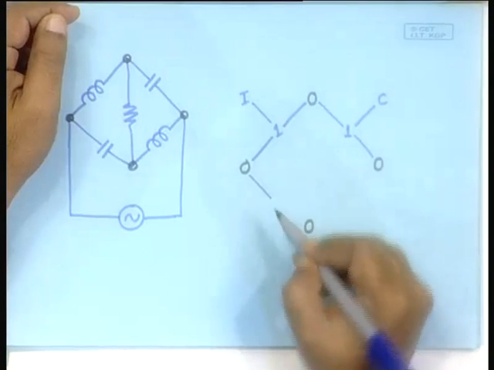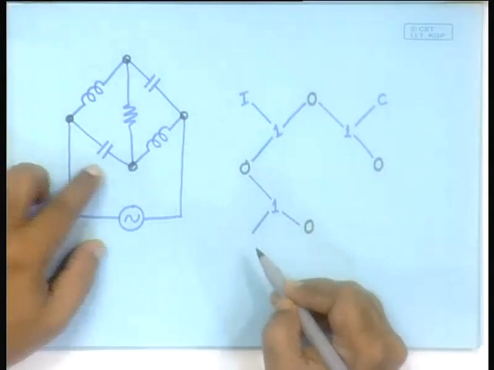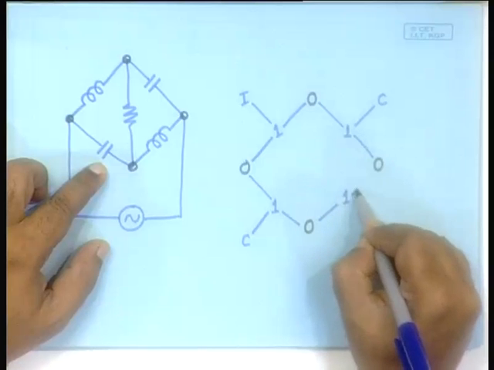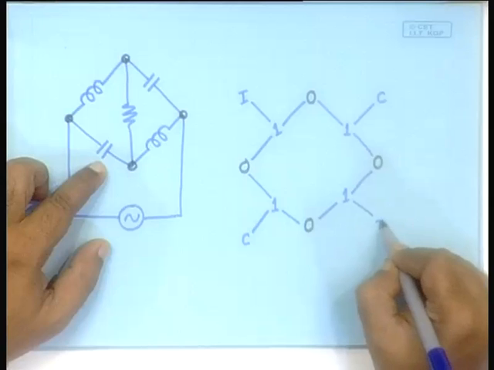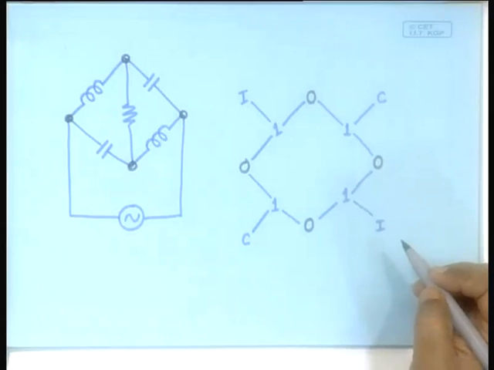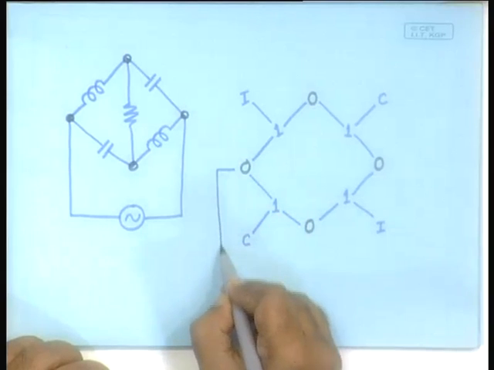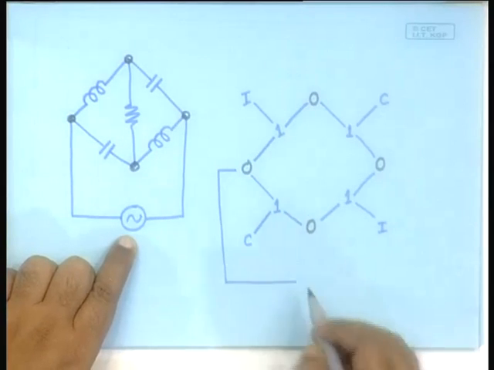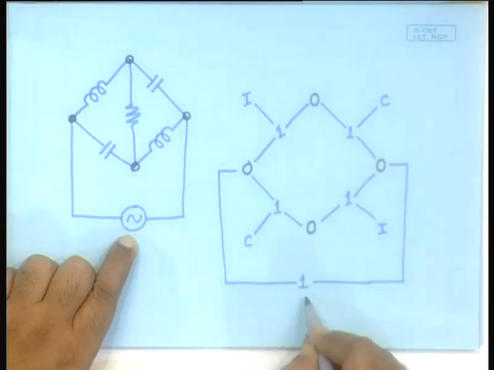Similarly, here it will be a one junction connected here, and here it will be a C element, here it will be another one junction, and you have an I element here. Apart from this, there is this thing, so we will have to connect it like this. This is what? It will again have to be connected by a one junction, and what is connected here?